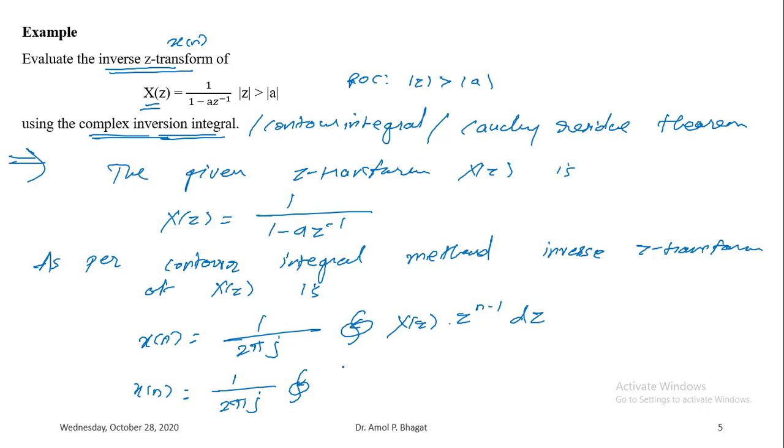In place of x of z, I can substitute 1 upon 1 minus a z inverse multiplied by z to the power n minus 1 dz.